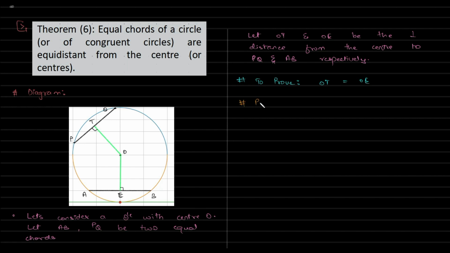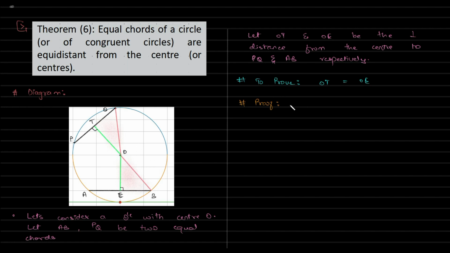Now let's look into the proof. How will we prove this? I'll give you guys a clue. Do you know what this is? What is it that I'm talking about? Yes, congruency. We need to prove that these two triangles are congruent.